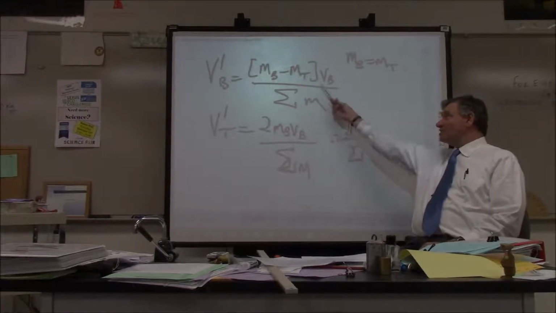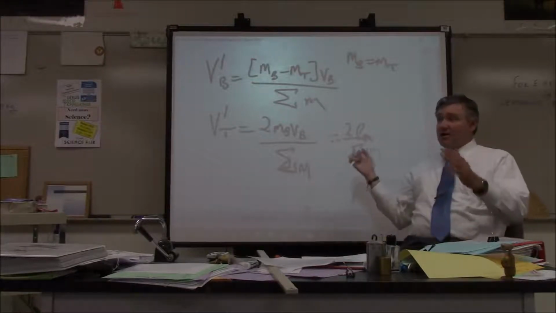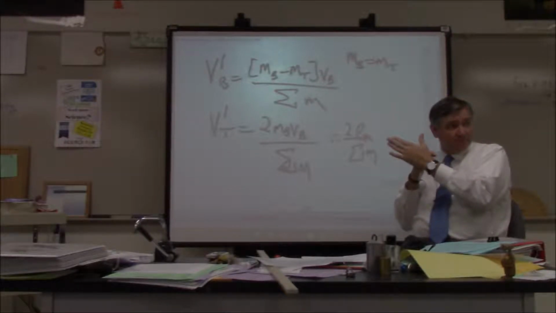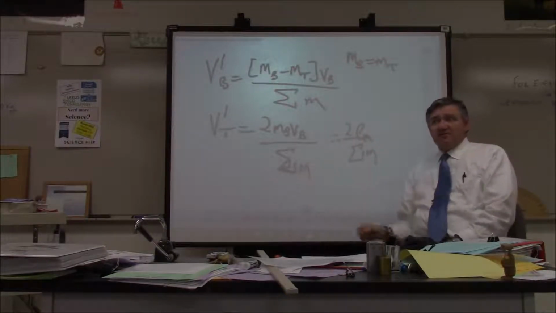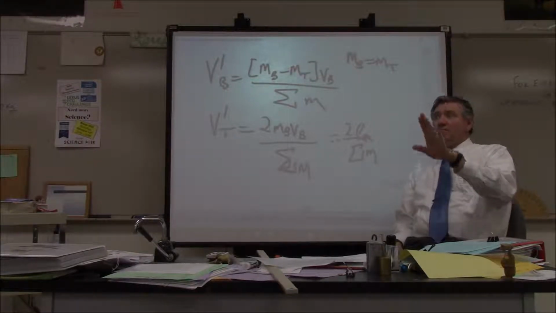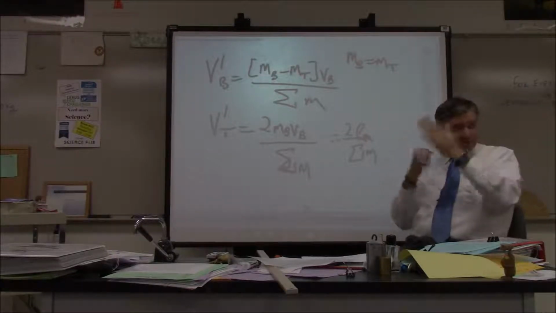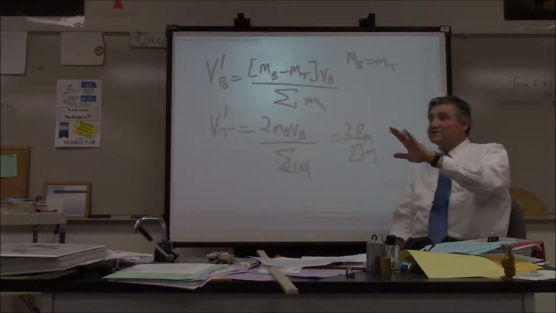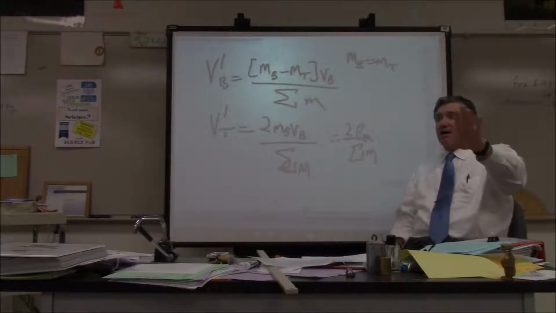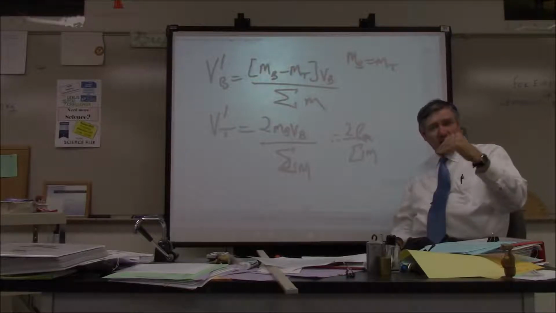So if the mass of the bullet is the same as the mass of the target, the bullet's going to hit and completely stop. Then what's the target going to do? It has to have the exact same momentum and the exact same energy as the bullet did. The bullet transfers all of its energy and all of its momentum into the target, and the target takes off with the exact same speed and energy that the bullet had when it hit it.